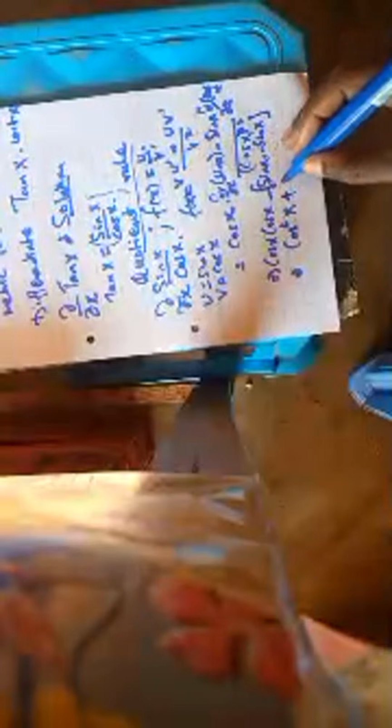Of course, you get negative sine x, so this is negative and this is negative. Then of course I'll have cos squared of x in the denominator. If you take negative and negative, opening the bracket, you're going to have positive sine squared x.